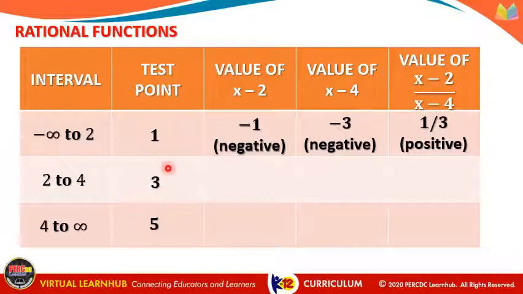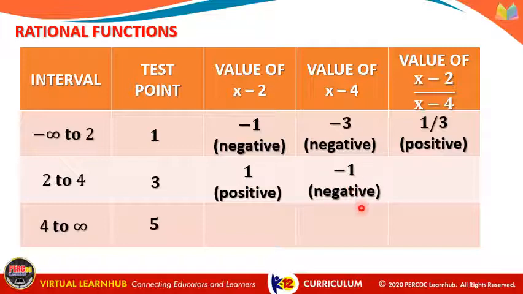Next, what if ang x naman natin ay 3? If x is 3, x minus 2 is positive 1. X minus 4 is negative 1. Therefore, if x is 3, then the value of x minus 2 over x minus 4 is negative 1. So meaning, between 2 to 4, the value of this rational expression is negative.